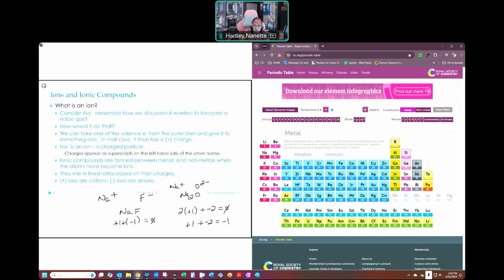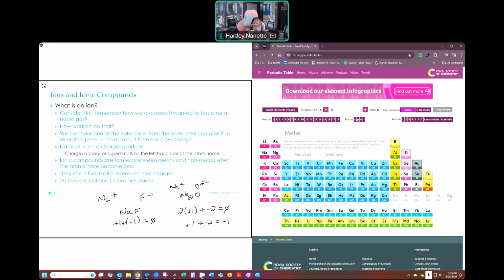Now, when we talk about our ions, if it's a positive ion, it's a cation. Cat, pos. Cat has paws, so cats are positive. Negative ions are anions. It's negative, it's anti, so negative, anti, opposing, so negatives are anions.